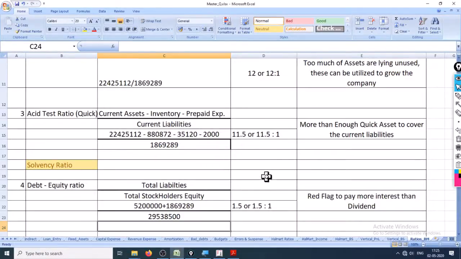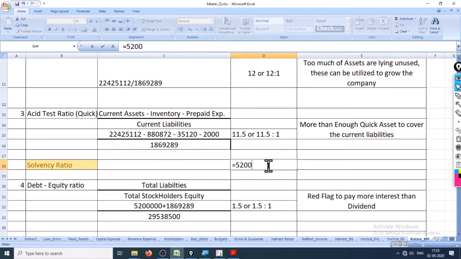Let's check if it gives us the correct answer or not. 52 lakh plus 1869289, equal to this divided by this figure right here. 0.239. Just a second.